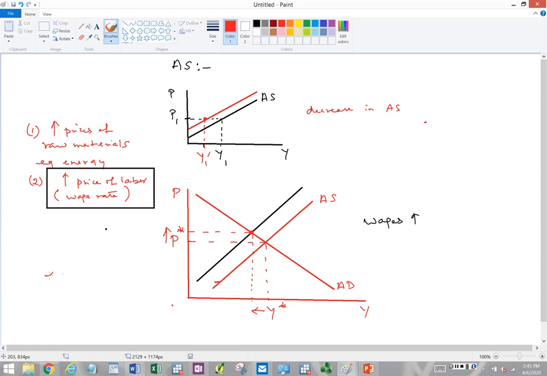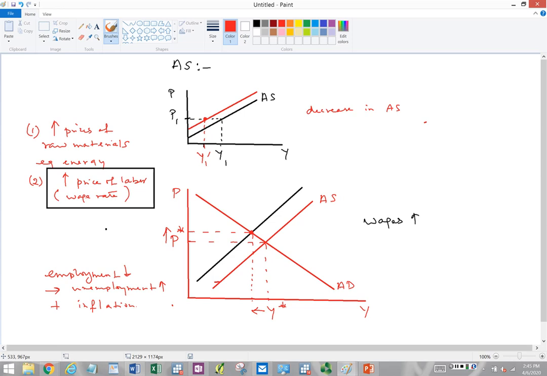So therefore, employment in the economy will fall, implying that unemployment will rise. So we have rising unemployment, and we have the price level going up. So we also have inflation. So this is a combination of rising unemployment and rising prices, meaning inflation.